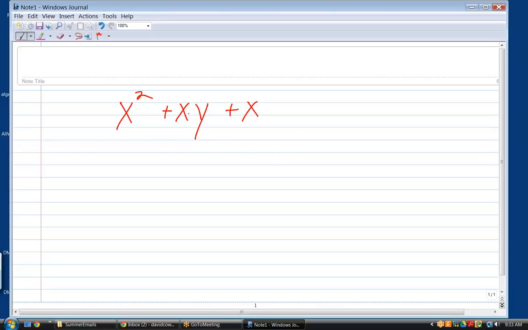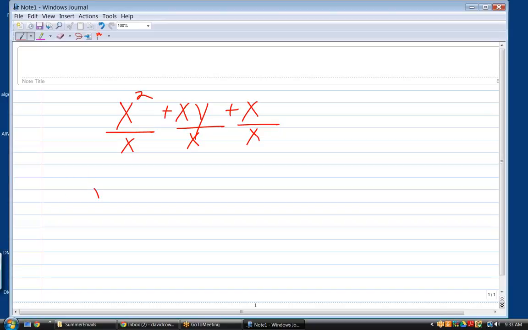When we're talking factoring, what we're doing is turning this thing into a product. In other words, if I look for the greatest common factor, it's x. The definition of the greatest common factor means that I'm going to be able to divide every term by that greatest common factor, and it's going to come out even.